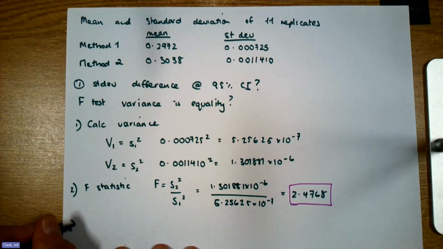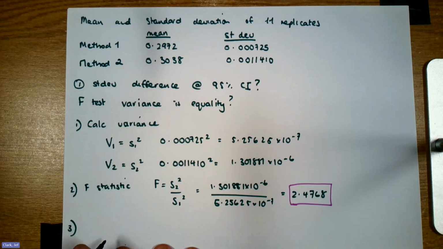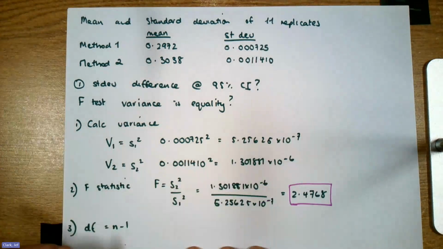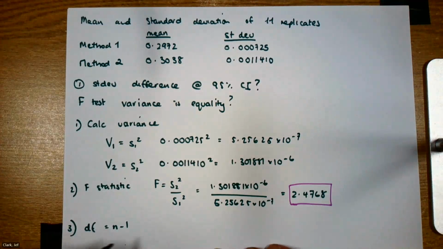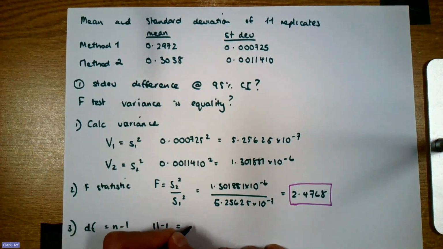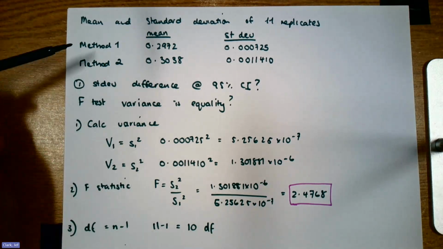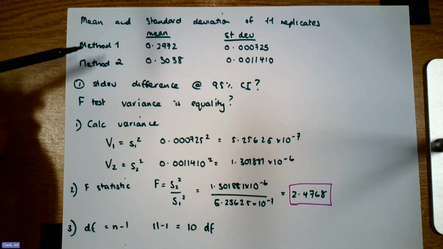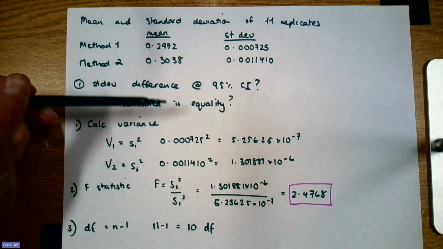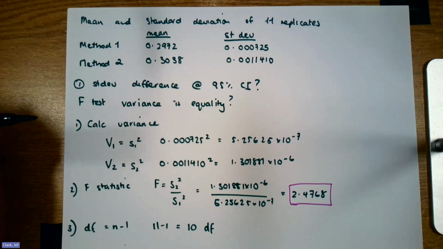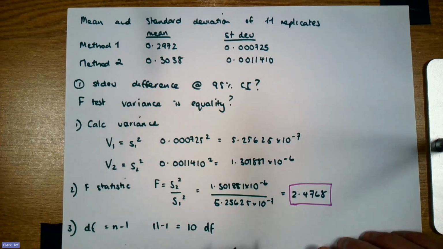Next thing we need to do is determine our degrees of freedom. Degrees of freedom is usually just, in this case, n minus 1. So if we have 11 replicates, that's our n. 11 take 1 gives us 10 degrees of freedom. Now, because we have two methods, because we're comparing is this one greater than this one or this one greater than this one, we have a two-tailed test.